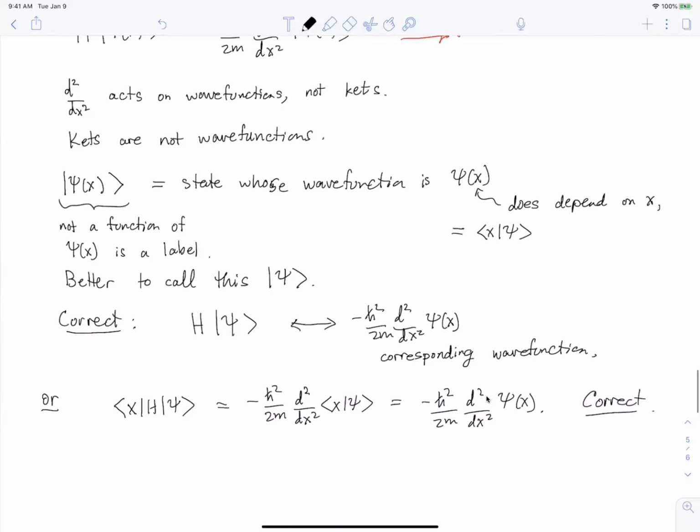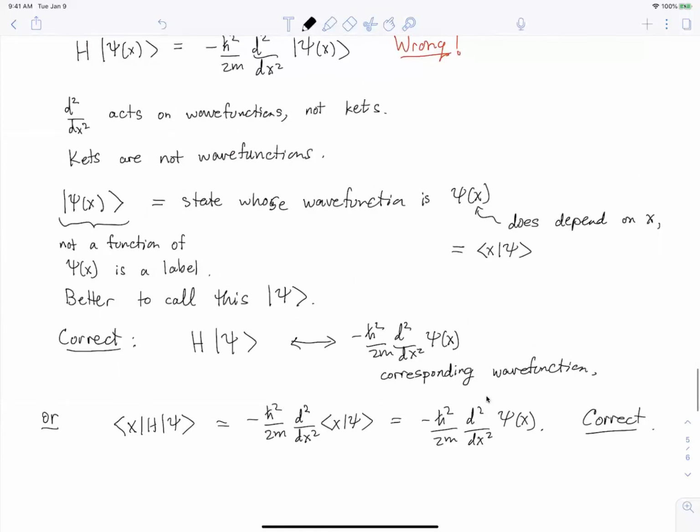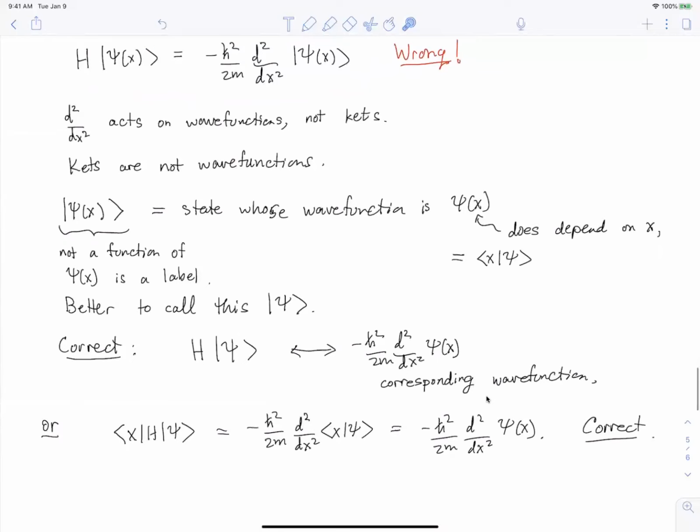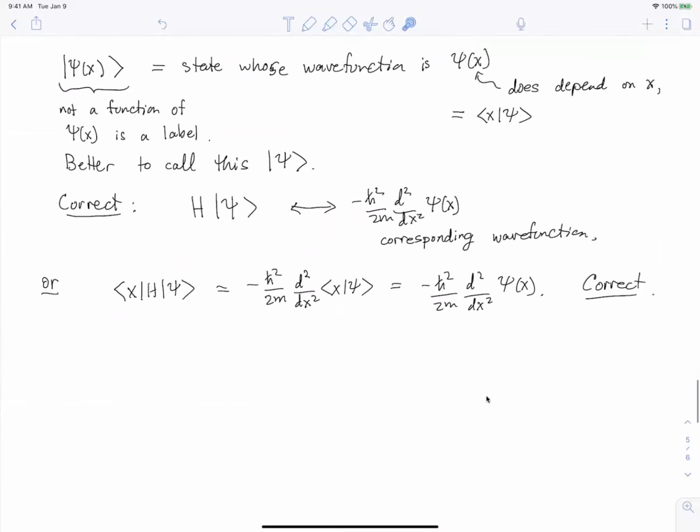It might look like an artificial distinction, but this type of thing will get you into trouble in other situations besides this one. So be careful with the distinction between a ket and a wave function.